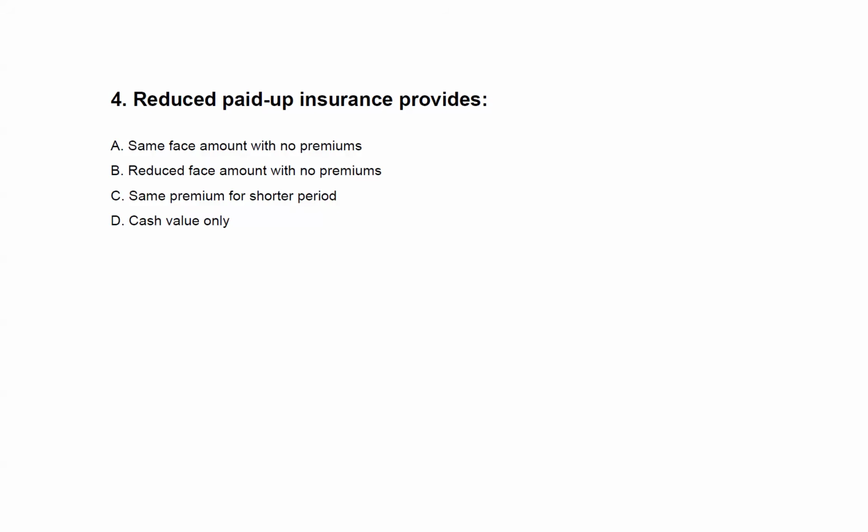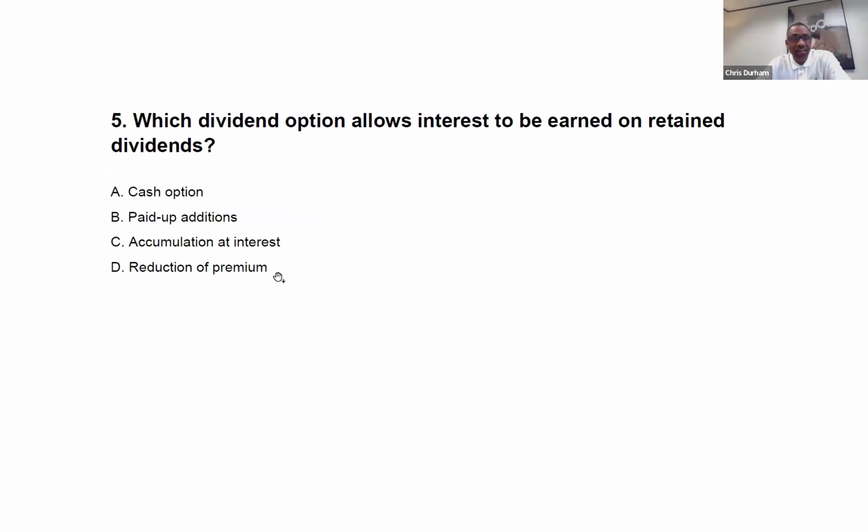I look for the word in the question. I didn't actually understand the theory behind it, but I looked for the word in the question. Oh, wait, it worked, didn't it? It worked. Right. The theory behind it, though, is paid up insurance means it's paid for life. You don't have to pay anything. But that works. All right, 5.